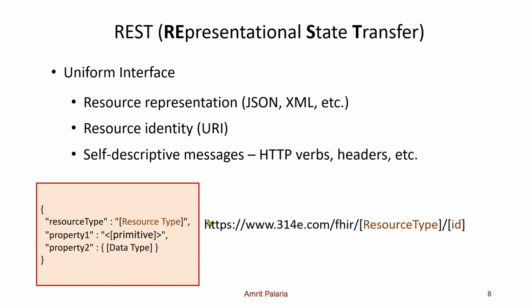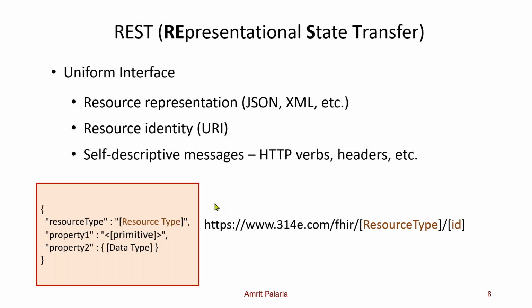But the thing that I wanted to talk about here is an example. So we have a resource, and this resource we want to exchange. We have already represented it in a standard format. This is JSON right here. And now we're saying that we want to exchange this. So we need to know how we are going to address it. And that's what the identity, the URI, is about.